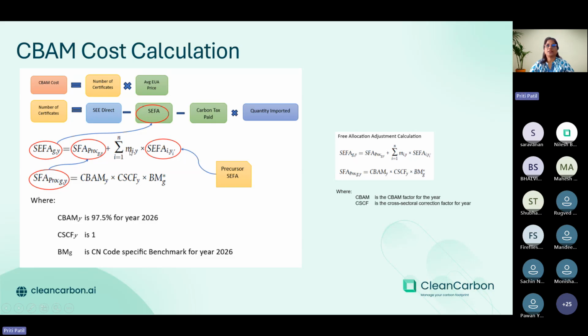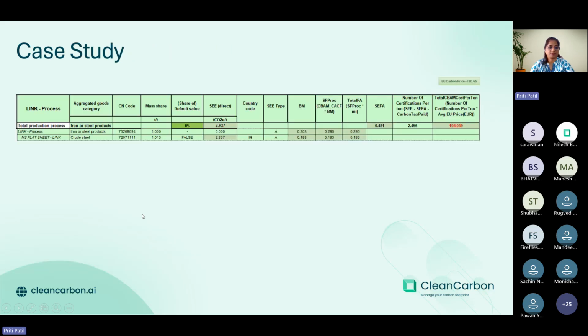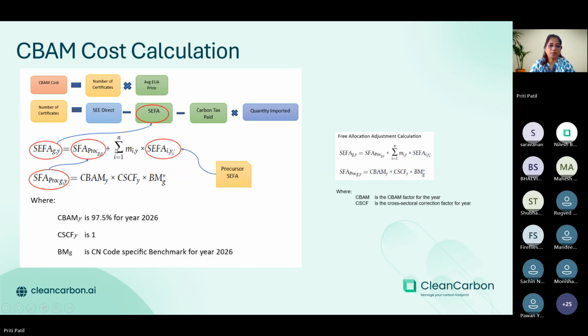Then you have a mass ratio of 1.03 for precursor usage. So precursors CEFA into 1.03. That will give you this particular equation. Now, if you have multiple precursors, then you will repeat this process for other precursors also.